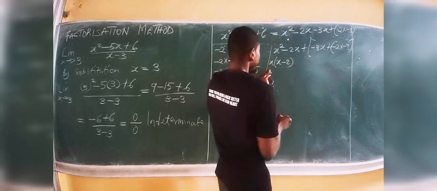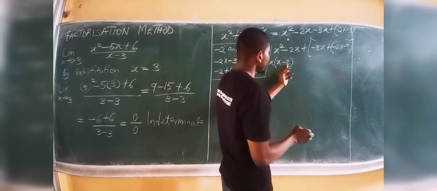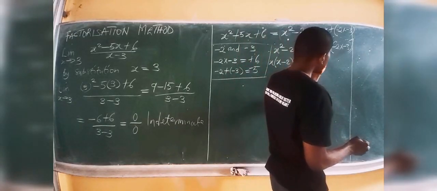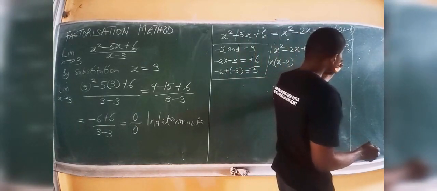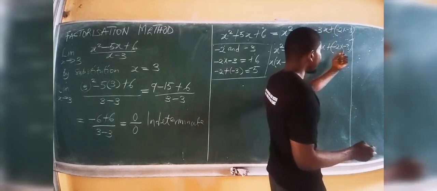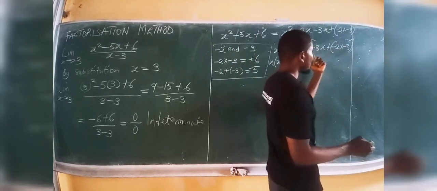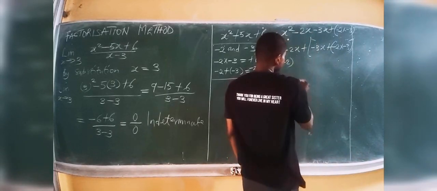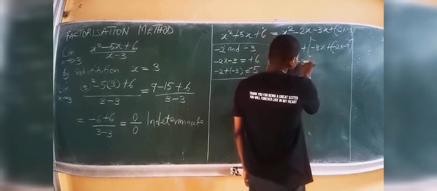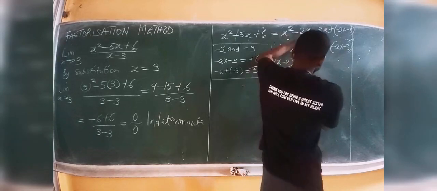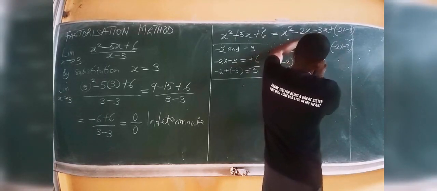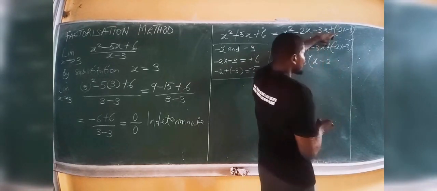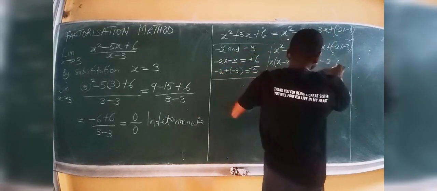Of course, x times x is x squared, and x times minus 2 gives us minus 2x. Same thing happens here: I have minus 3x and minus 2 times minus 3. Minus 3 is common between these two, so I can pull out minus 3, multiplying x minus 2. Remember, minus times minus is plus, so I have this.